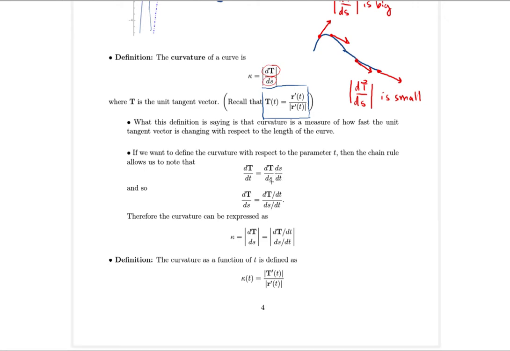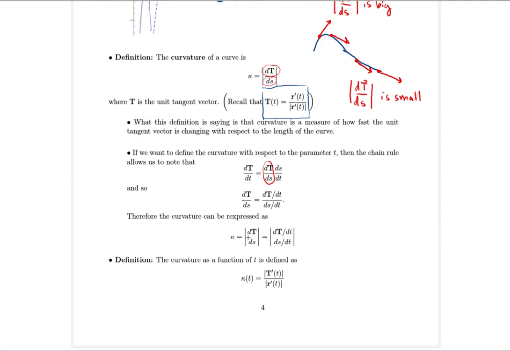What is this? This is the chain rule. And you can see that if you canceled out ds, then you would end up with what's on the left. So then if I solve for this, because this is what I have up here, then you get that this is equal to the quotient of the derivative of the unit tangent with respect to time and the derivative of the arc length with respect to time.